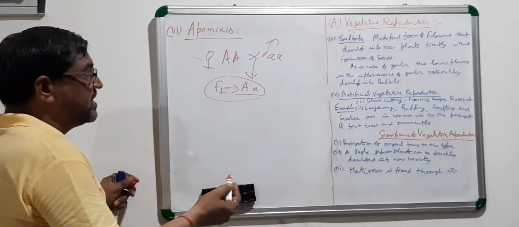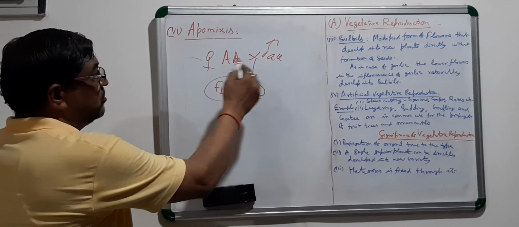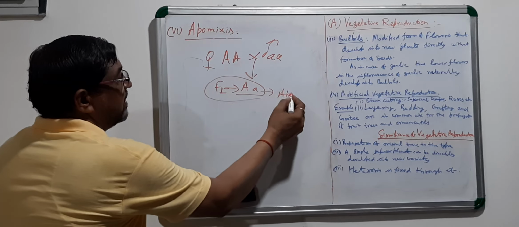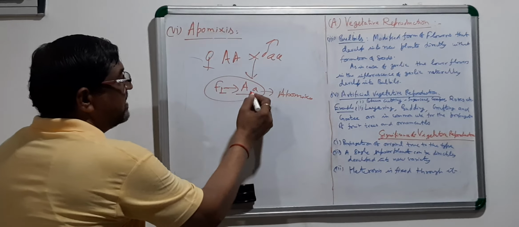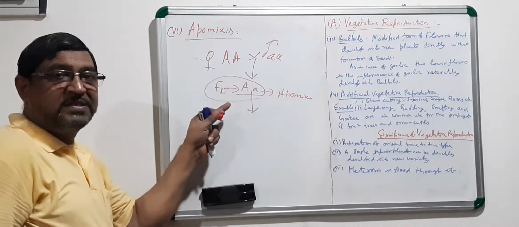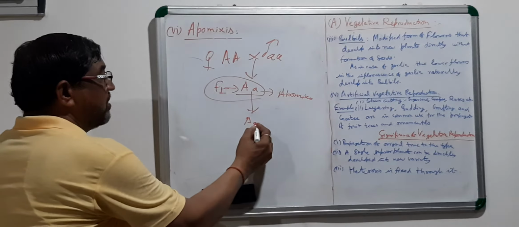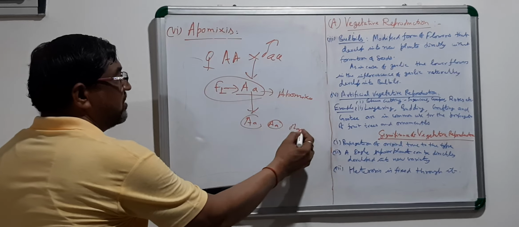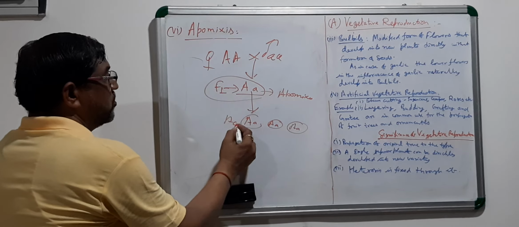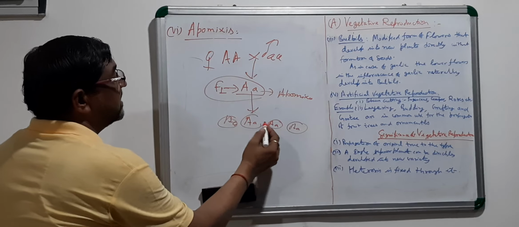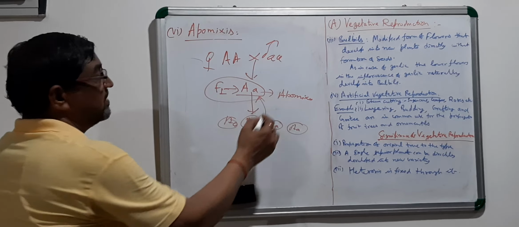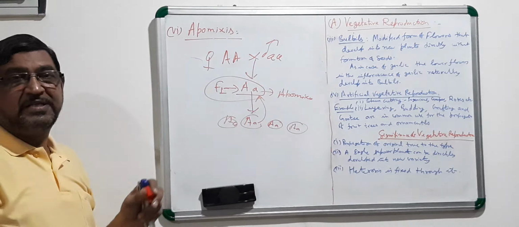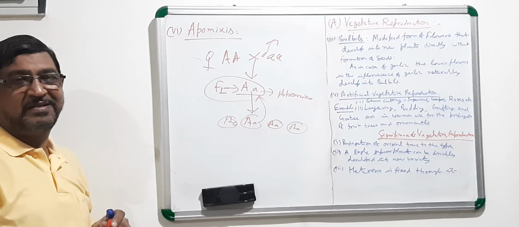But in natural condition, if you have crossed two different parents, and if this F1 has apomixis, it means whatever seed will be produced, they all will have this. All seed will have this. So the genetic architecture of these will be like this. So you have fixed the heterosis.